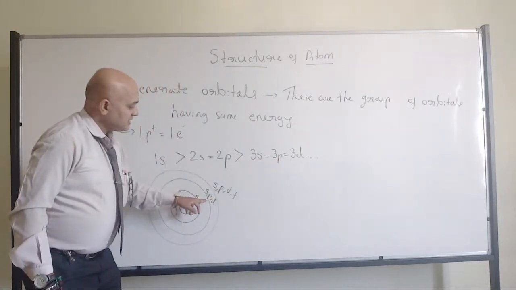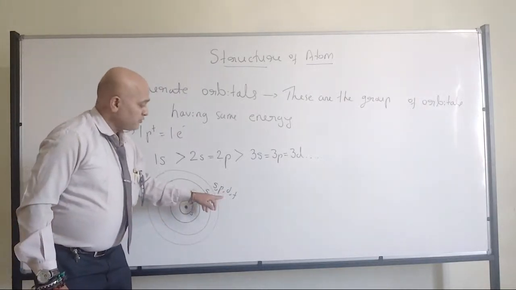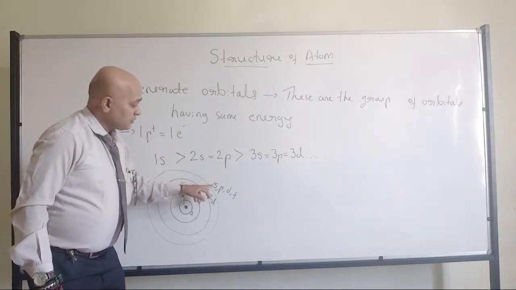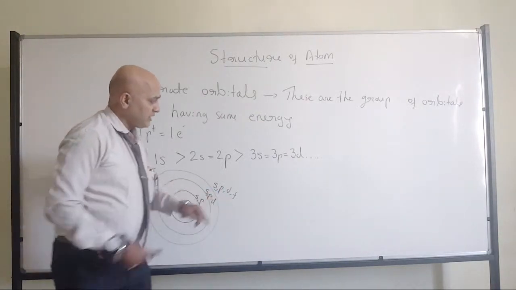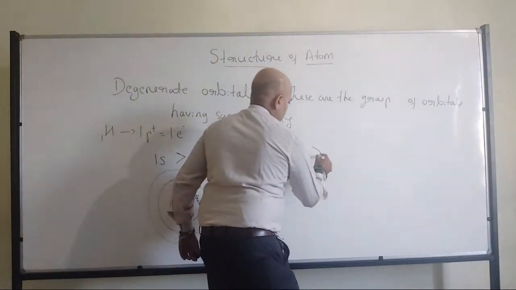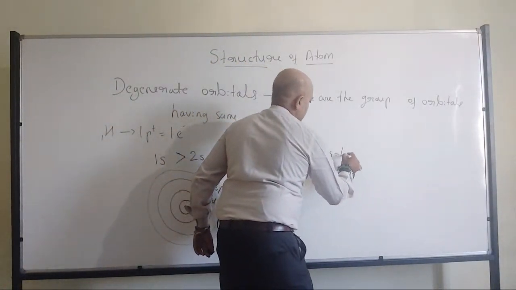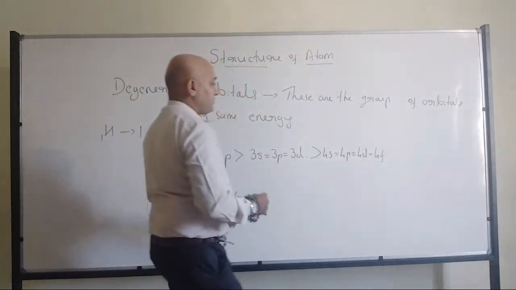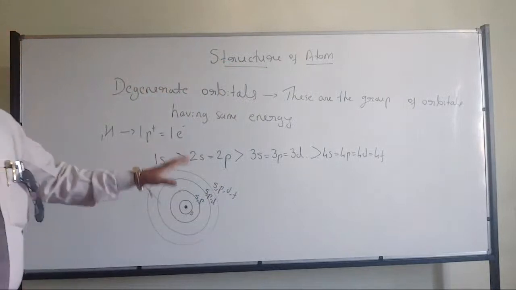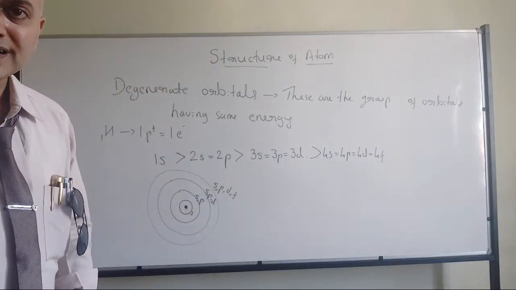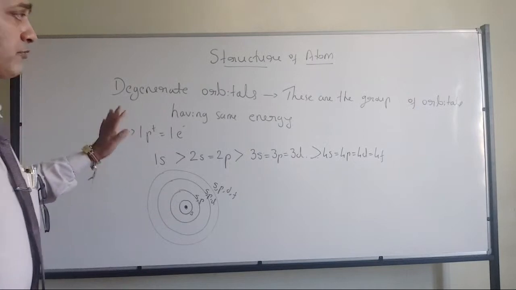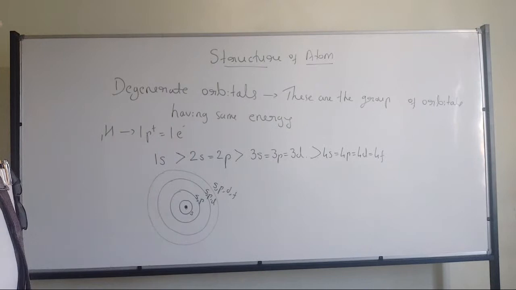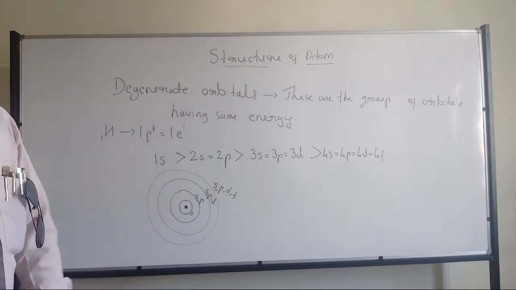In the fourth energy level, 1, 2, 3, 4, 4s, 4p, 4d and 4f. Please remember, whatever I am talking about here is with respect to the hydrogen atom only, where we have only a single electron.